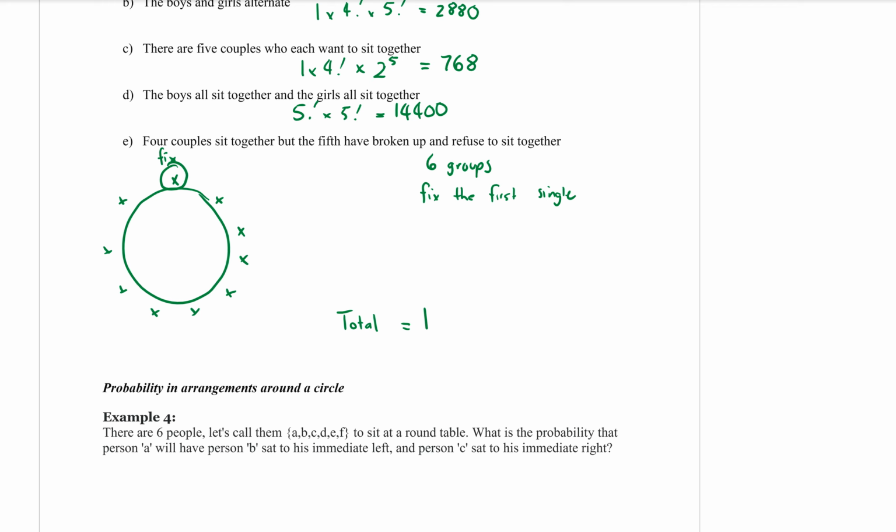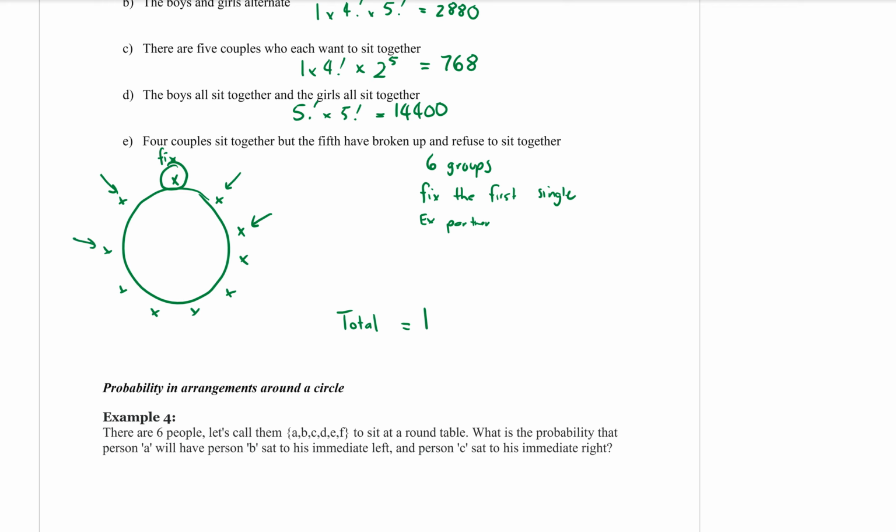Then I want to choose where the ex-partner can sit. Now, the ex-partner cannot be sitting next to them, but because the other people also have to be in pairs, they can't be sitting there or there either, because we need to have a couple on either side of that one person.